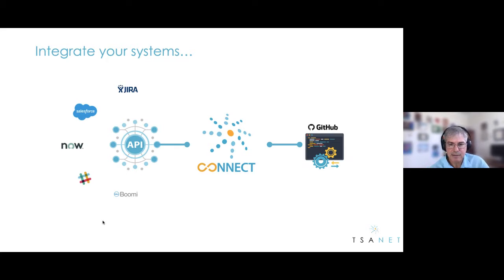One of the other things that we moved to with TSANet Connect is really having an open, very flexible system. It is purely built on an API interface, but our approach to integration is to understand the system that we're integrating with and leverage their API.